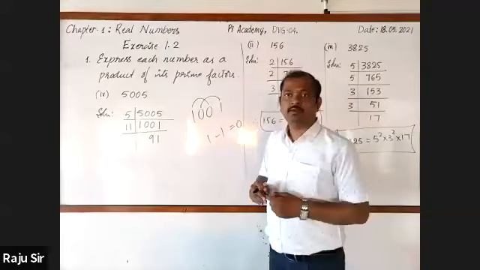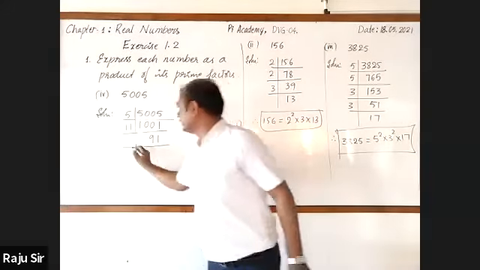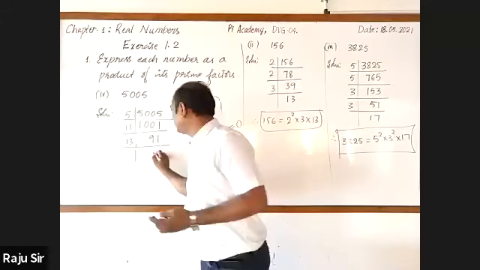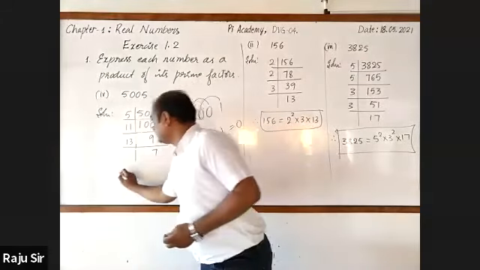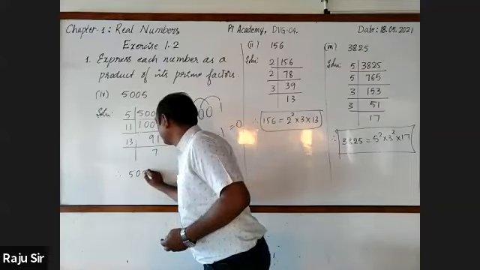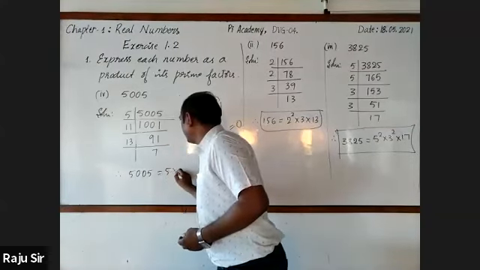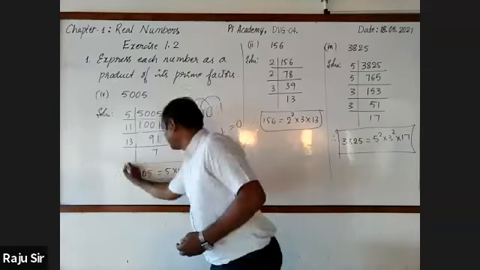Is it divisible by any number? 13 sevens are 91. We can do it by 7 also. Very good. It is also correct. So 5 into 11 into 7 into 13. Correct. 5,005 is written as 5 into 11 into 13 into 7.